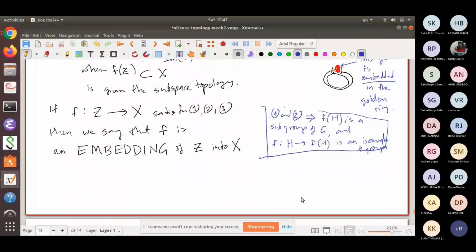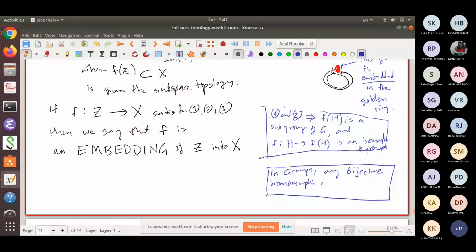This is simply because of the following basic property of groups. In groups, any bijective homomorphism is an isomorphism. So you see, this is a bijective homomorphism.